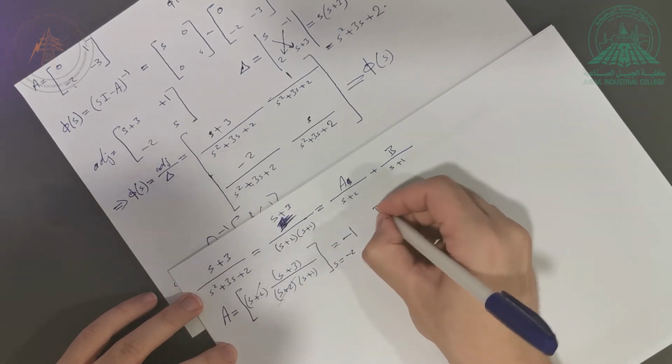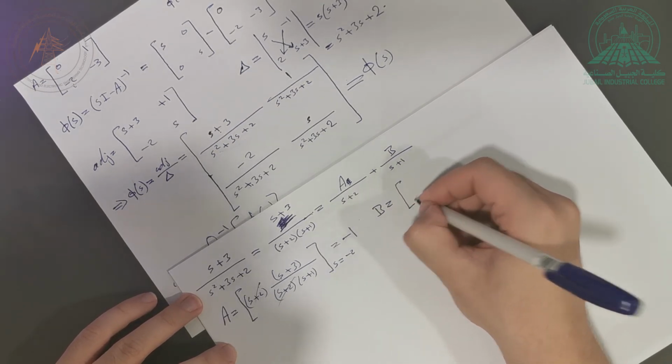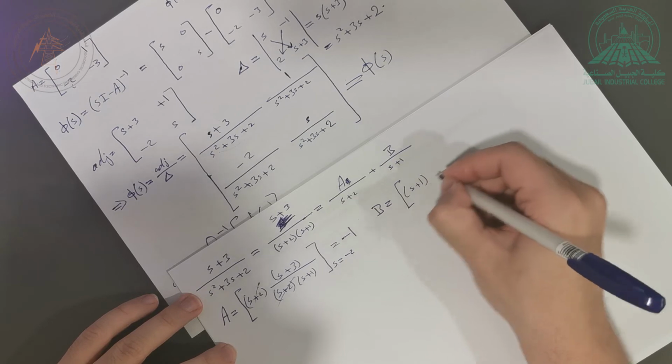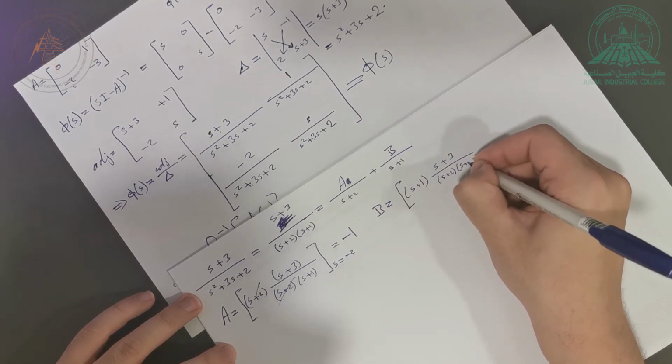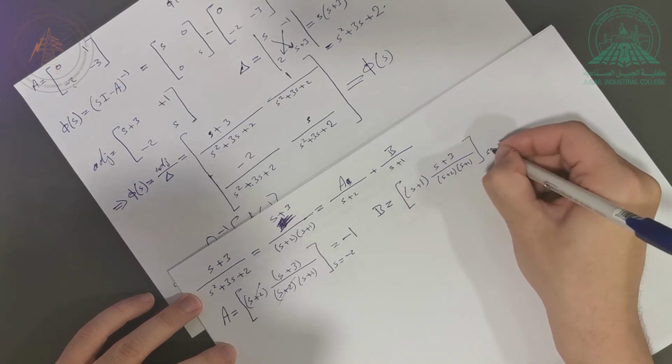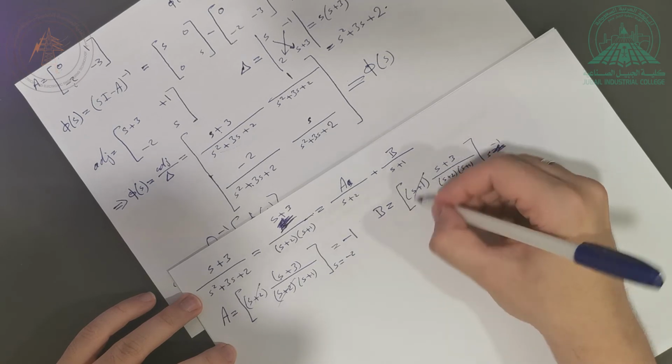How about the value of B? The value of B is equal to (s + 1)(s + 3)/((s + 2)(s + 1)), and I substitute at s = −1. So this cancels with that.